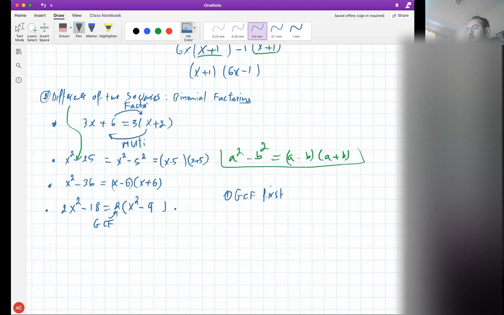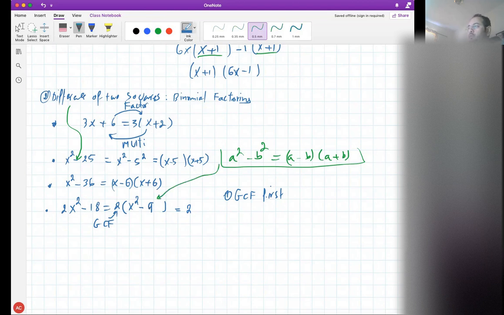Yeah, according to the rule above, x minus 3, x plus 3. That's right. So this is the difference of 2 squares again. We can apply this to the parentheses.